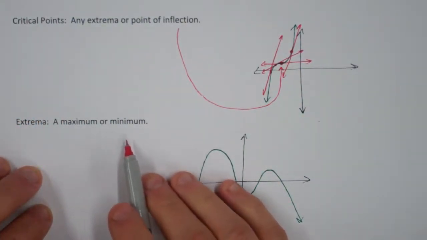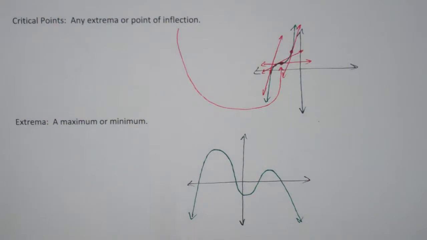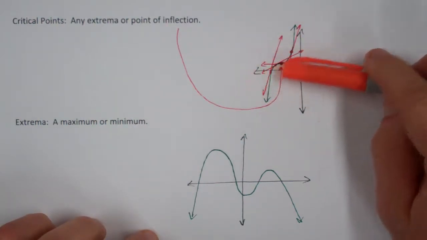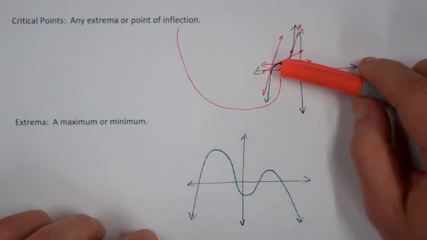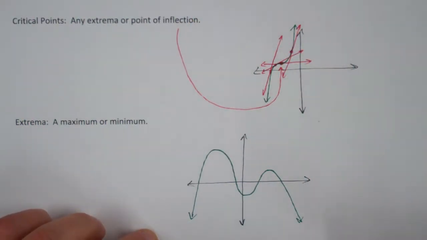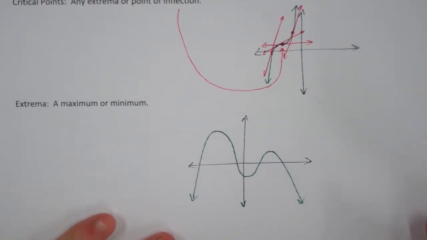Let's talk about a maximum or a minimum. This is a little bit different than a point of inflection. Notice with a point of inflection, we were going from increasing to increasing, and the slopes of all the tangent lines were positive, and exactly when it was 0, that was the point of inflection, but they continued to be positive. For maximums and minimums, we're going to go from increasing to decreasing, or decreasing to increasing.